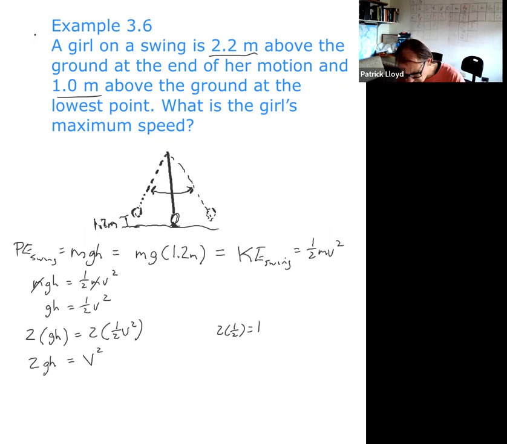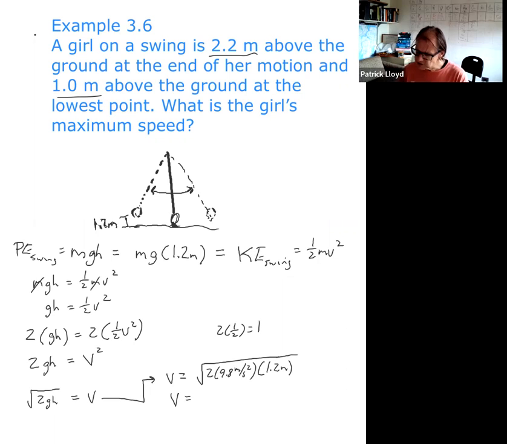Now we want to take the square root of both sides because that will give us v. Okay, I just took the square root of both sides. That gets rid of the square and gives you v. So now it turns out we didn't need to know what the mass was. So our velocity is going to be the square root of 2 times 9.8 meters per second squared, that's g, times 1.2 meters.